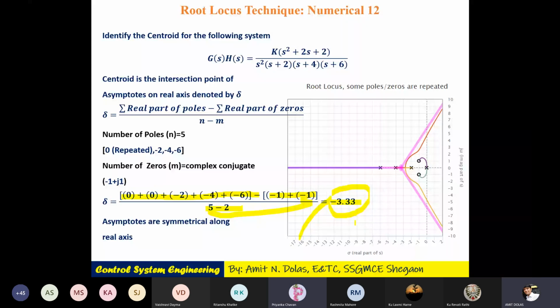Okay. So the centroid of the asymptotes is now calculated, that is -3.33. You can see here is the -3 point, and on the real axis somewhere here is the centroid, where this square is marked, from where the asymptotes diverge in different directions, that is 180 degrees, 60 degrees and -60 degrees. This direction is 180, this direction is 60, and this direction is -60.